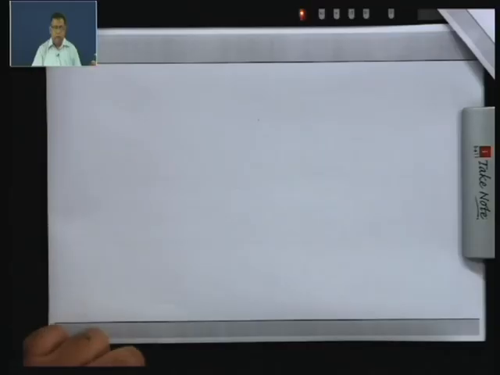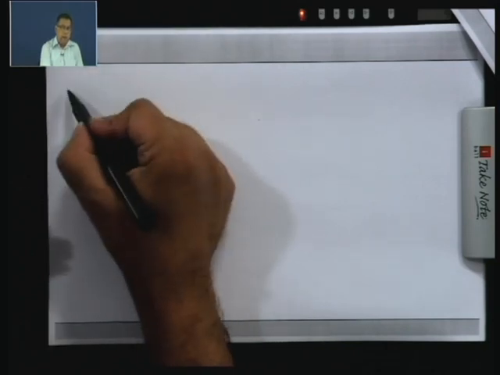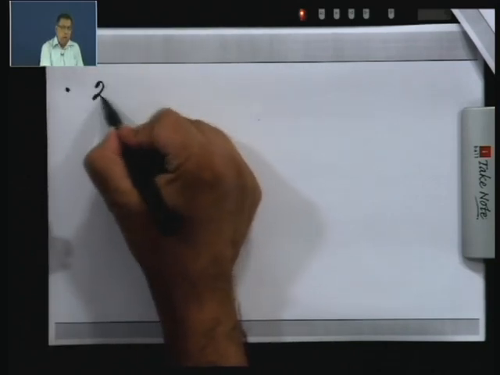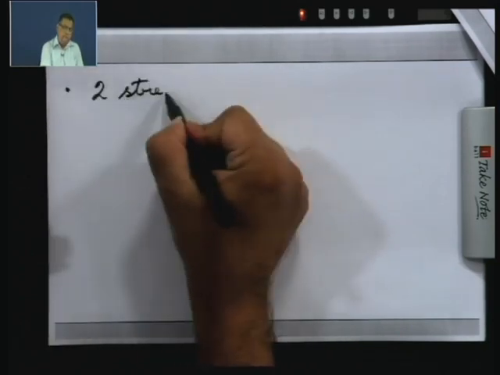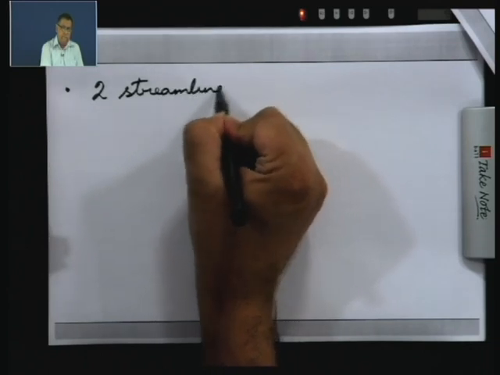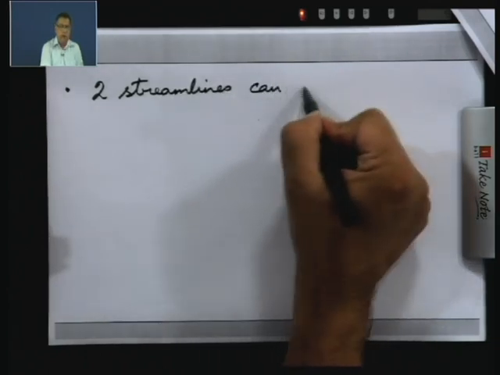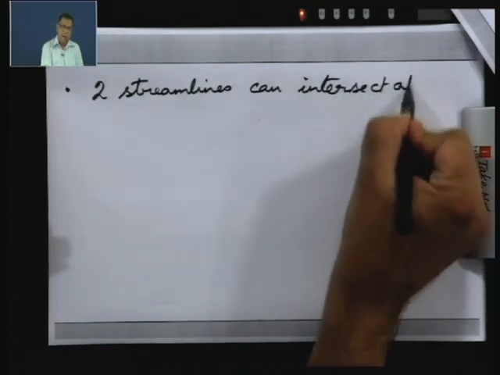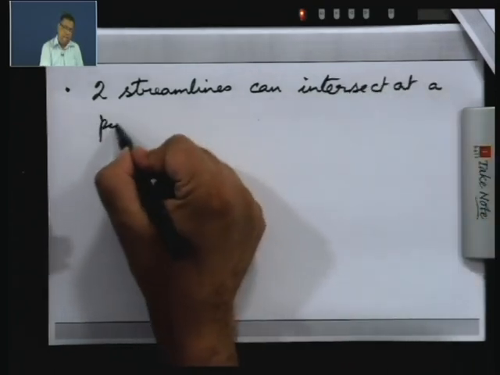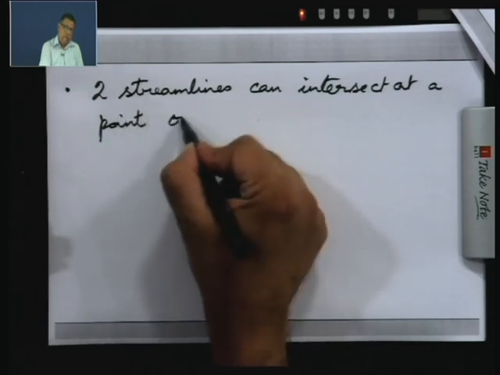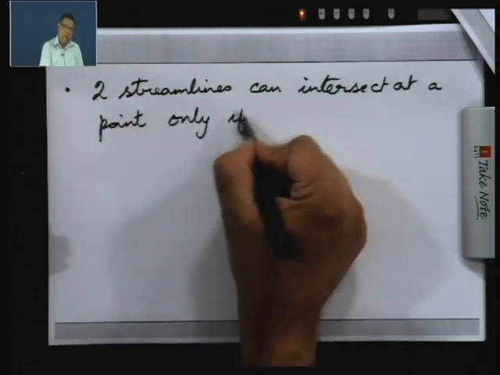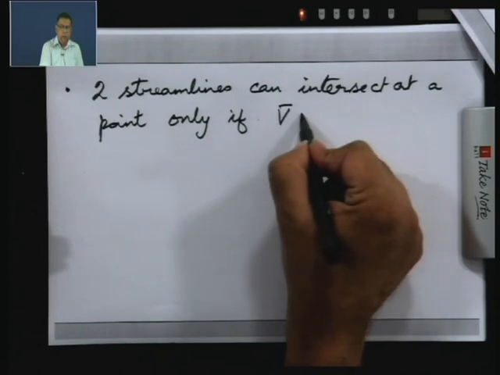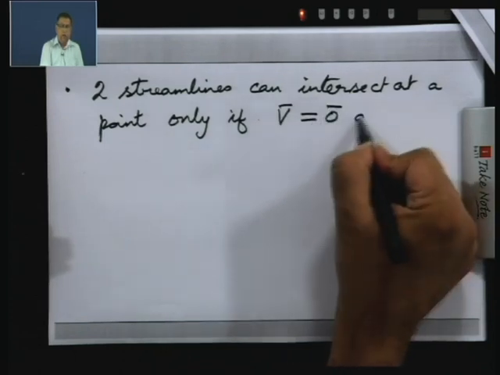So, I will make a summary of the discussion which we just had. Two streamlines can intersect at a point only if v, the velocity vector, is 0 at that point.